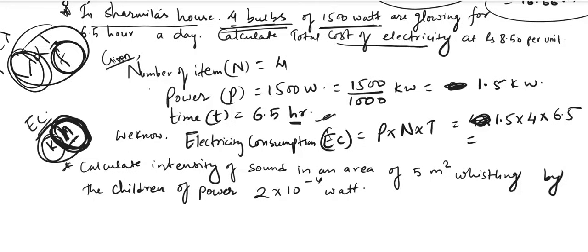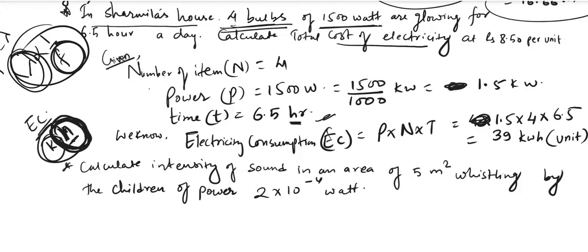So what is the value? 1.5 into 4 into 6.5. The value will be 39, and the unit of electricity consumption is kilowatt hour, or you can say unit also.